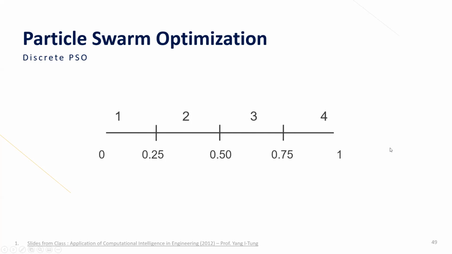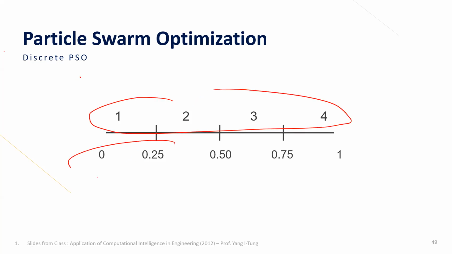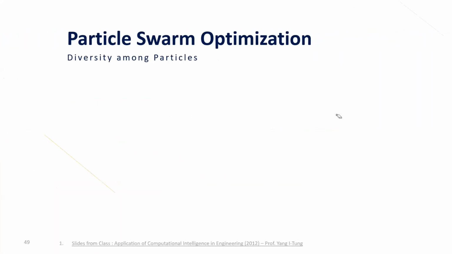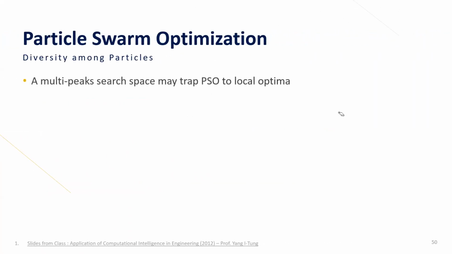And then another is where you have a range. For example, you want to select 1 until 4. You have the range here, 0 until 1. You see where your decision variable ends up. It's similar to the previous example, but this is called discretizing, so you convert it from real value to discrete.